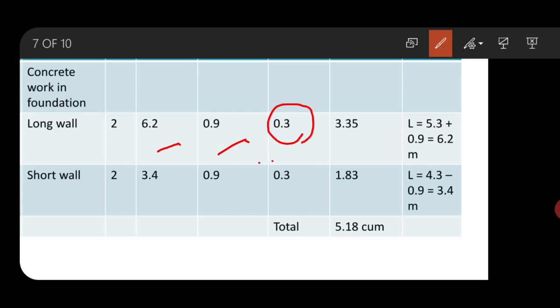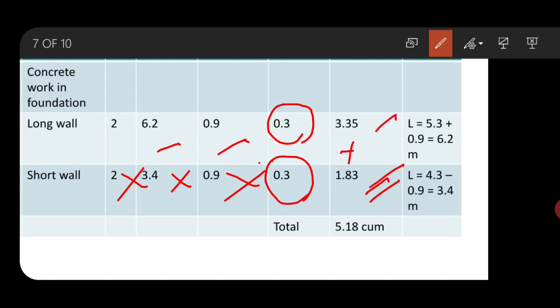In earthwork in excavation, the depth is the depth from the ground level up to the bottom of the foundation, and in this case cement concrete work, it is particularly only the depth of the concrete work. So by multiplying these 3, you will get the quantity of cement concrete work in short wall. So by adding up these long wall and short wall, we will get the total quantity of cement concrete work.